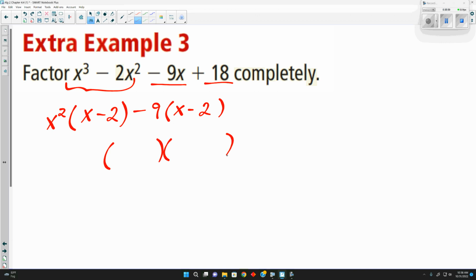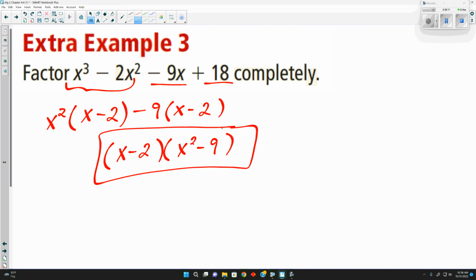Now, both of these do have an x minus 2 in common now, so we can factor it out, which leaves us with what? And this is really kind of weird that this works out this way, but it is kind of nice that it does. Any questions on any of this here?